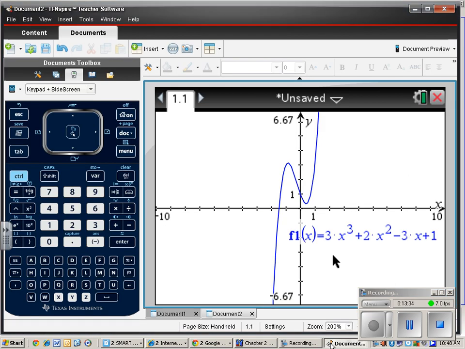You'll notice this graph continues to go up and up and up, and down here it continues to go down, down, down. But if I look at these little bumps in the middle of the graph, this point right here, around -1, 3, would be a maximum compared to all the points around it.